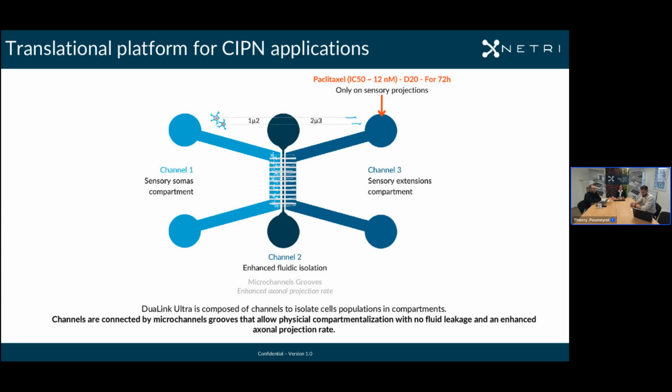In channel 1, we seeded the sensory neurons, which grow their extensions to channel 3. When they reach maturity at 3 weeks, we apply the paclitaxel on the distal axons only, so on channel 3, as reported in the literature concerning its mode of action.